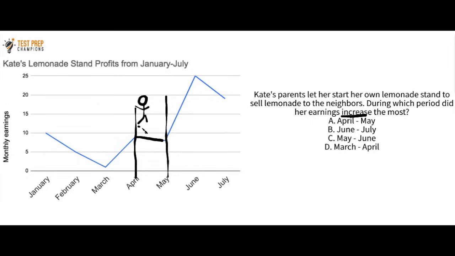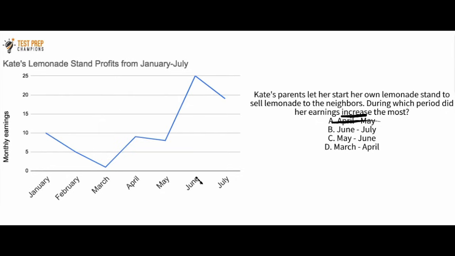If the person were to follow the line, which direction would they be going? Hopefully you can see that they'd be going downhill. That means there is a decrease between April and May. And so we can take answer choice A out right away, because we're trying to find the period that had the biggest increase.